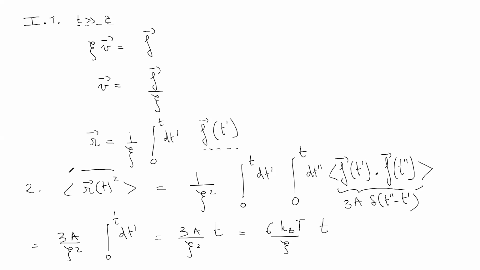So we recover the fact that the mean square displacement is proportional to time. So this is a diffusive-like process, and we can further introduce the diffusion coefficient by recalling that R squared is equal to 2 times the dimension times the diffusion coefficient.